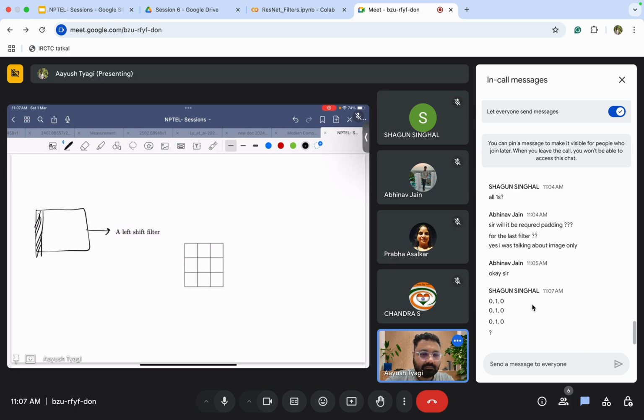Shagun is suggesting 0, 0, 0, 0, 1, 1, 1, 0, 0, 0. No, because you are doing this operation, I'd still be looking at the peaks. What we want is a shifting operation.